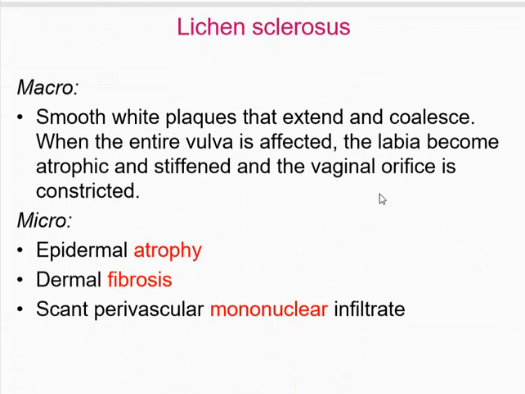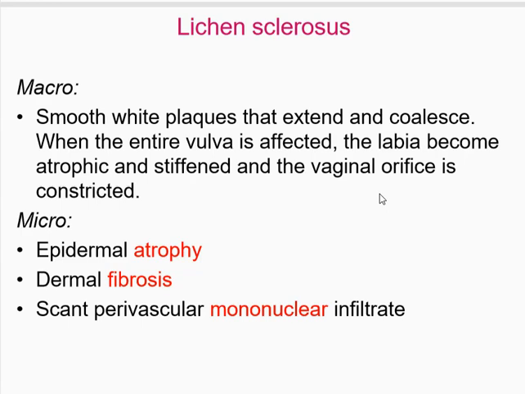Macroscopically, this is reflected with white plaques, which may be localized or may coalesce and form a larger area. Beneath these white patches there is fibrosis of the vulva, leading sometimes to a very firm, hard condition, leading to the obliteration of the vaginal orifice as a consequence.